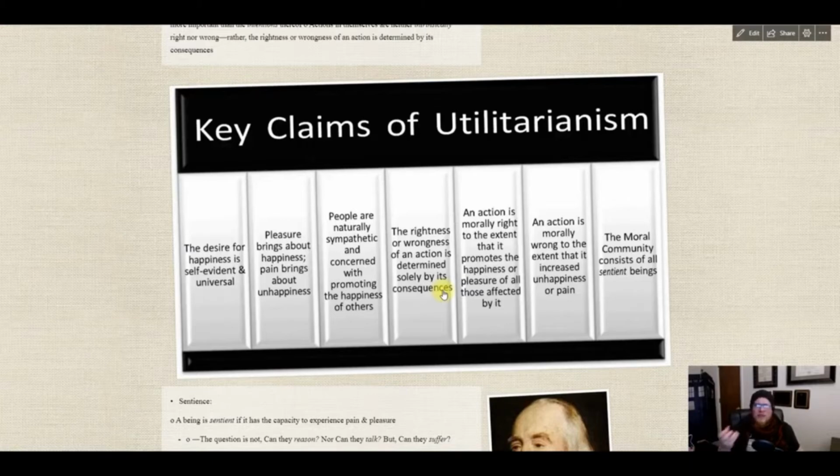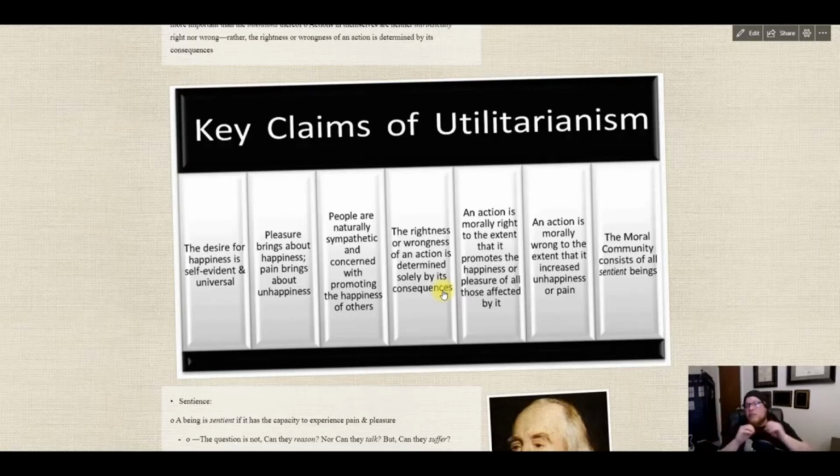And we can actually quantify this. Did you make a bunch of people upset? Did you make a bunch of people unhappy? Did you injure or harm or kill a bunch of people? That's wrong, even if it makes you really happy. The greatest happiness for the greatest number is what motivates utilitarian ethics.